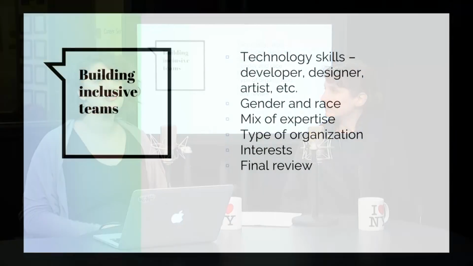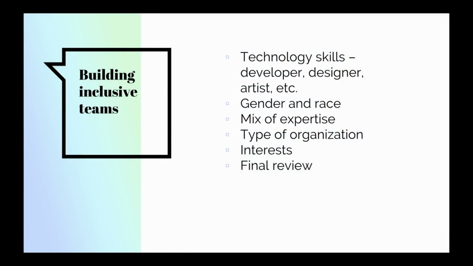So building inclusive teams, when you're thinking about who you want at the table in each of these teams, you want different technology skills. So with your developers, do you have front end and back end developers? Do you have a designer?